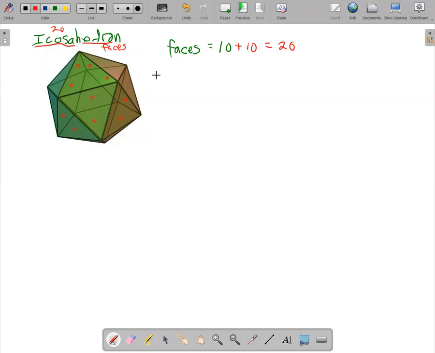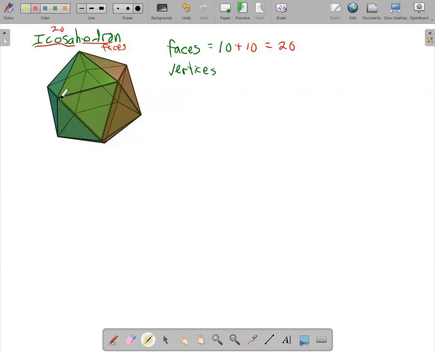All right, next we're going to try and count vertices. So let's erase what I have here. All right, so vertices are where the edges meet, the points. And I think I will go with my highlighter again for this. Let's use the red one.